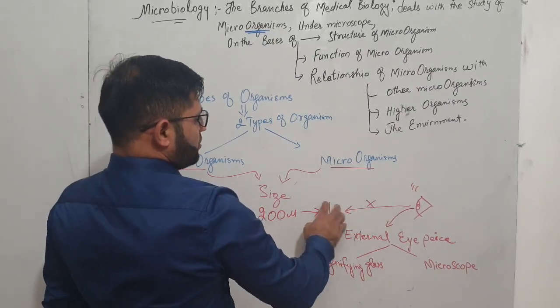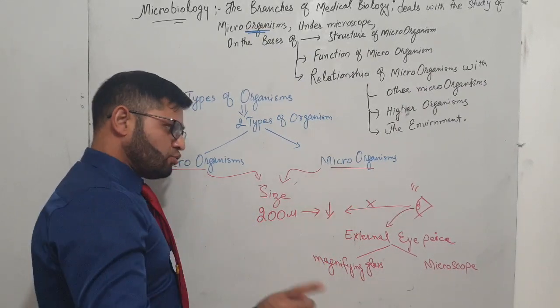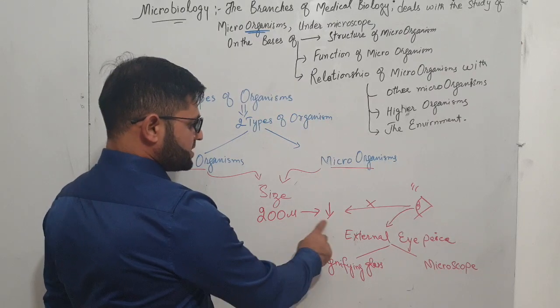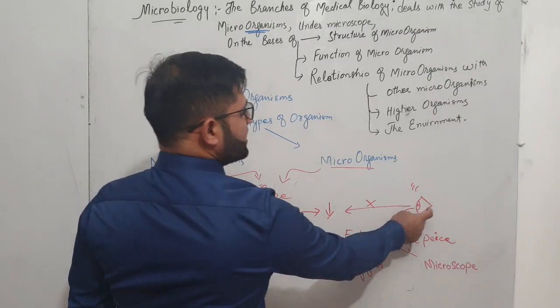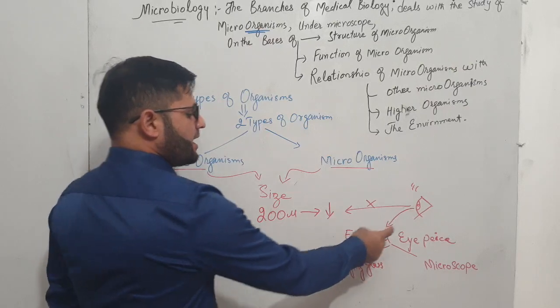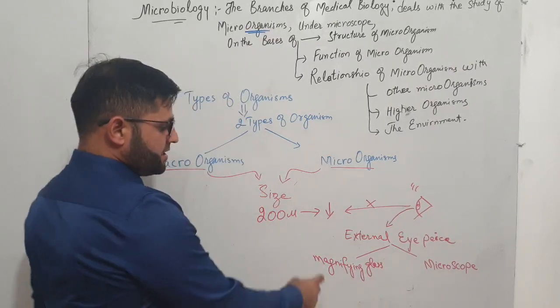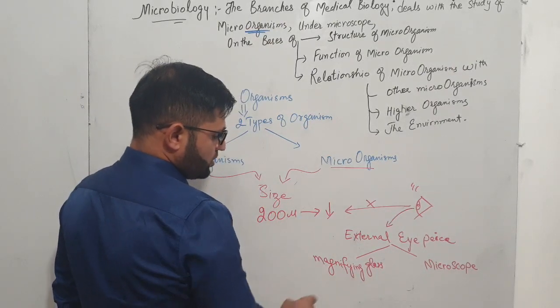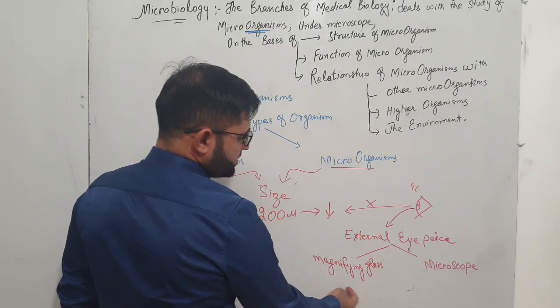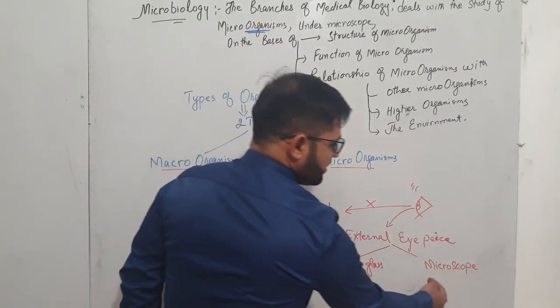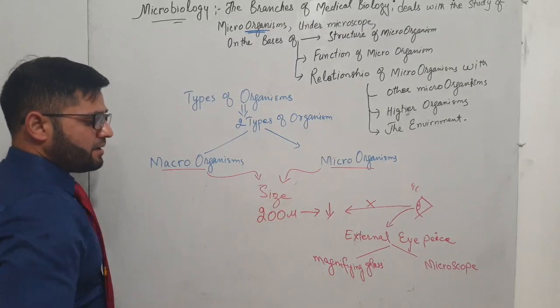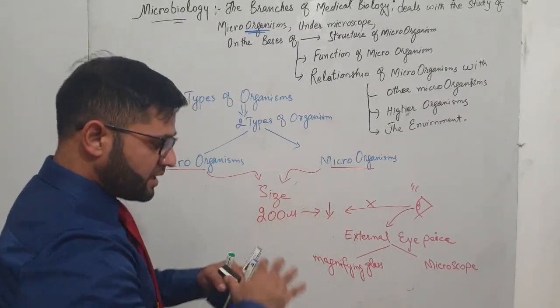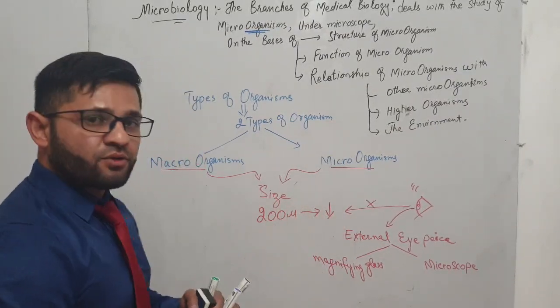So microorganisms are those organisms whose size is less than 200 micron, which cannot be seen by the naked eye, and the human healthy eye needs a magnifying glass, or a complex arrangement of magnifying glasses known as a microscope, to visualize them.